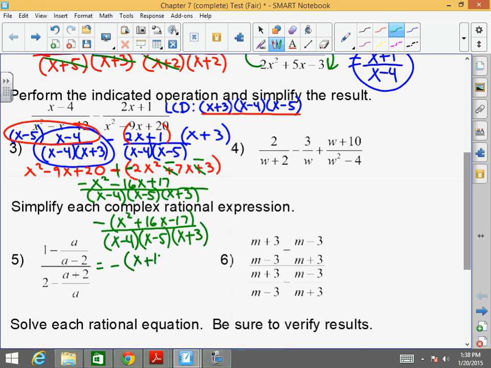So x plus 17 times x minus 1 over x minus 4 times x minus 5 times x plus 3. So I would have accepted either of those correct answers. Either of those. Okay?